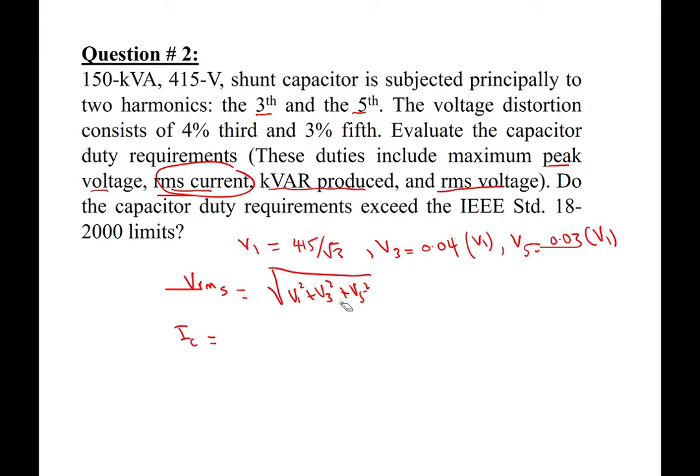The current can be calculated from the reactive power, which is 150 kilovolt ampere reactive, so from Q divided by root 3 times V line. That will be the current that flows through the capacitor bank.